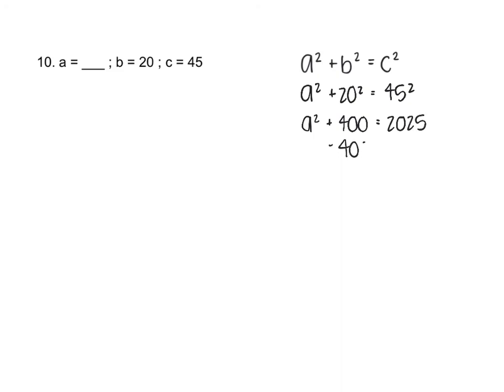We then subtract 400 from both sides to get our variable on its own, and we're left with a squared equals, we subtract those to get 1,625. We want a, not a squared, so we're going to square root both sides, and we get a equals 40.3 when we round to the nearest tenth.